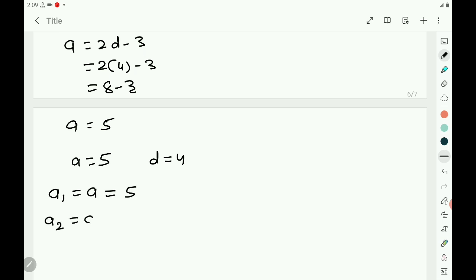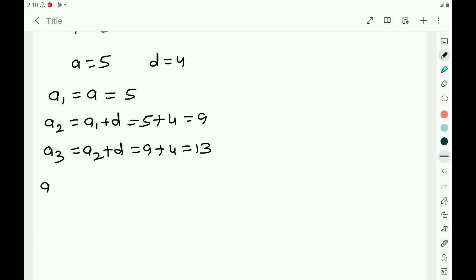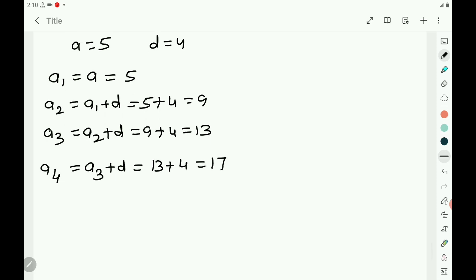A2 equals A1 plus d equals 5 plus 4, 9. A3 equals A2 plus d equals 9 plus 4, 13. A4 equals A3 plus d equals 13 plus 4 equals 17.